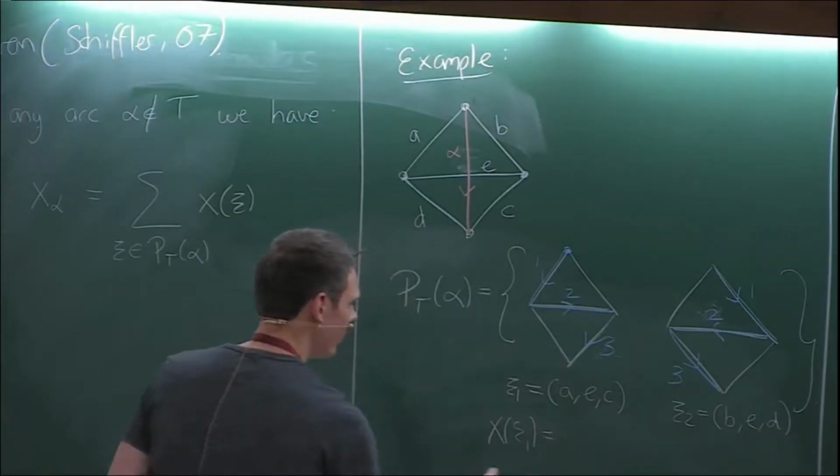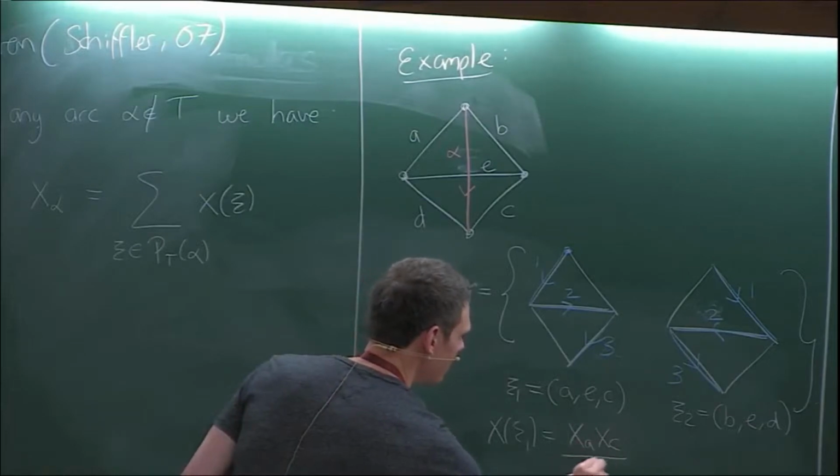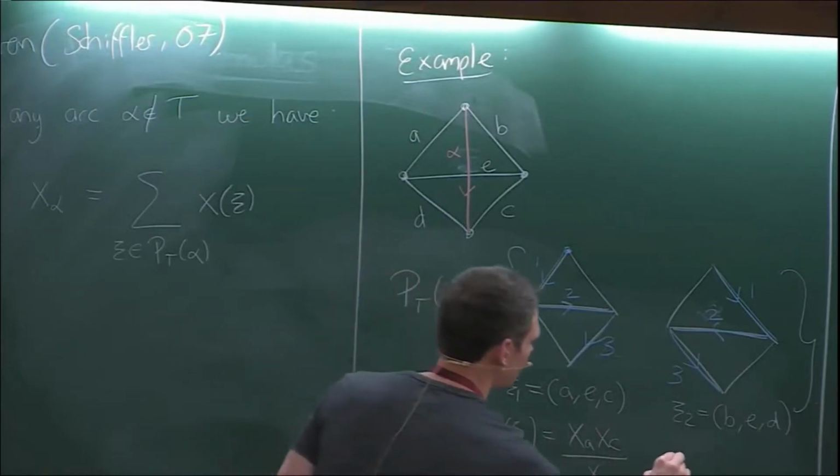And then the corresponding variable is therefore going to be XA, XC, all over XE.